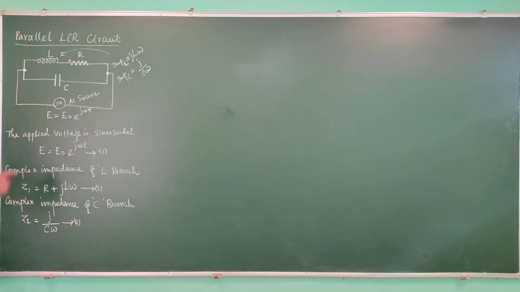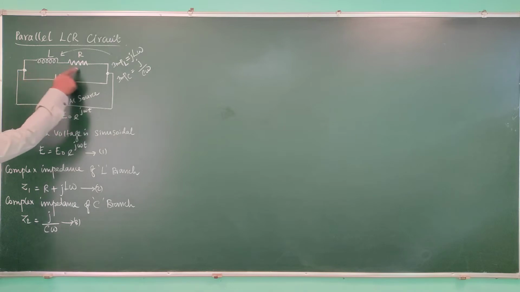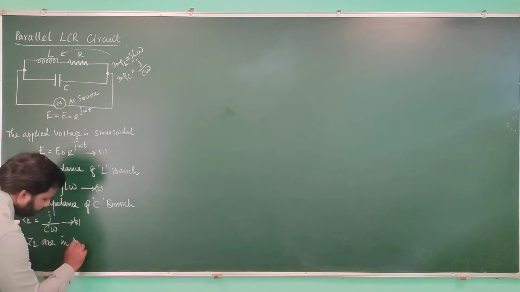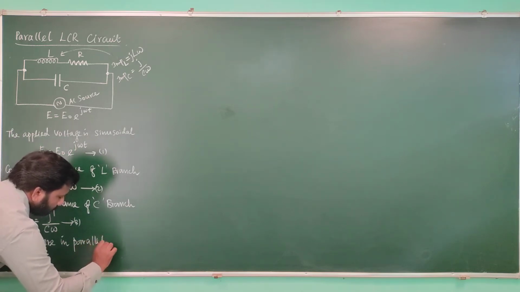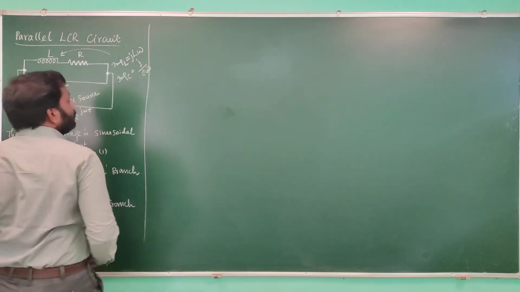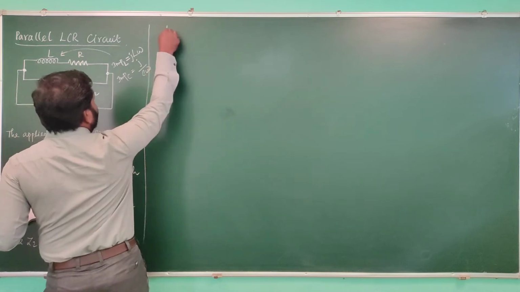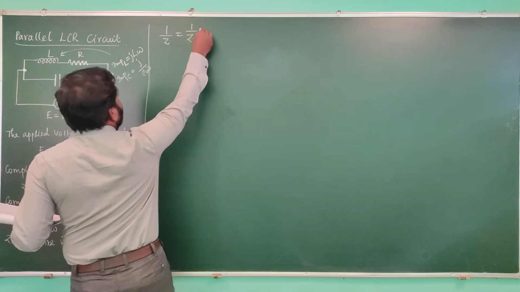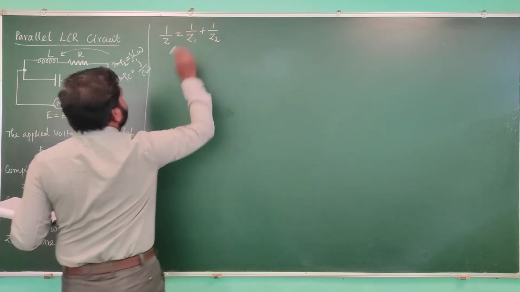Now this Z1 and Z2 are in parallel because the series combination of L and R is parallel with the capacitor C. So we can write the net impedance as 1 by Z, which is equal to 1 by Z1 plus 1 by Z2.